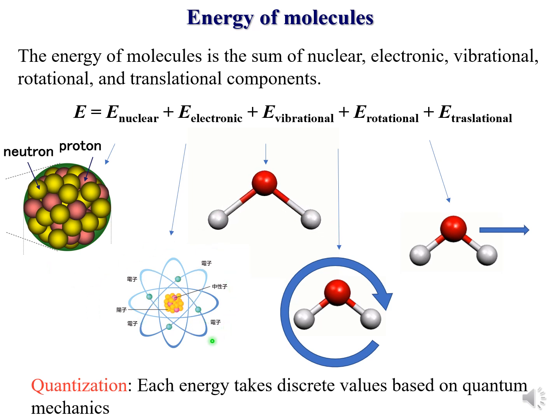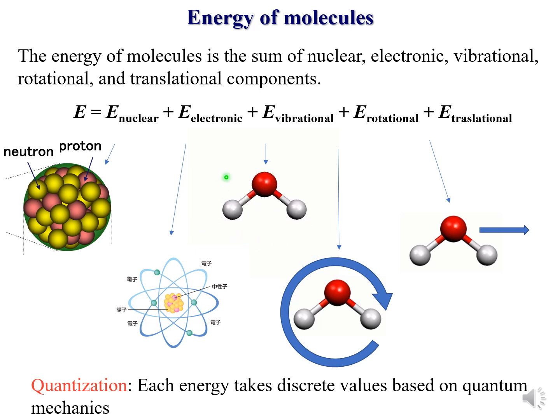Electronic energy is the energy of electrons in an atom or molecule, and is determined by which atomic or molecular orbitals the electrons are in.